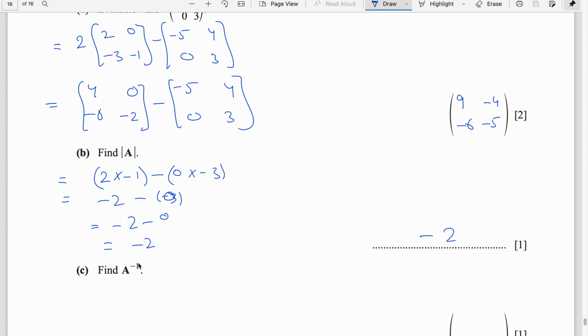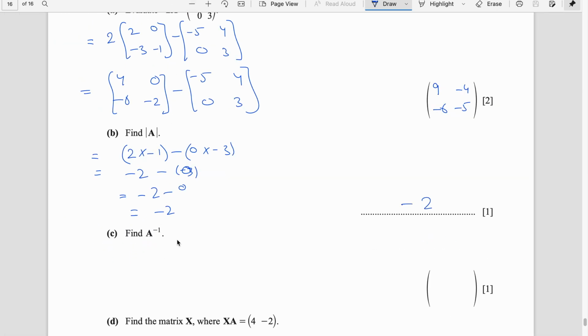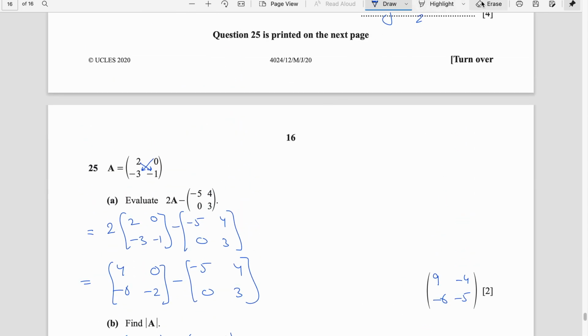It says find A inverse. So A inverse is 1 over determinant of A into adjoint of A. We already have the value of the determinant, that is minus 2, so 1 over minus 2, and the adjoint of A is place change and sign change. This is place change, this is sign change.